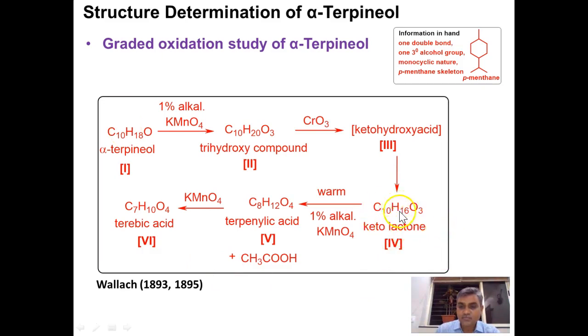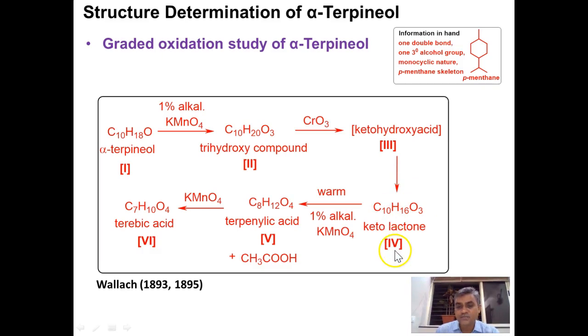Now this product number 4 is a very important stage of the experiment. This was isolated in pure form and subjected to some chemical reactions, and the analysis of 4 has shown that it is a keto compound. There are 3 oxygens here. Out of 3 oxygens, 1 oxygen was in the form of a ketone, and the nature of the other 2 oxygens was assigned by different chemical evidence.